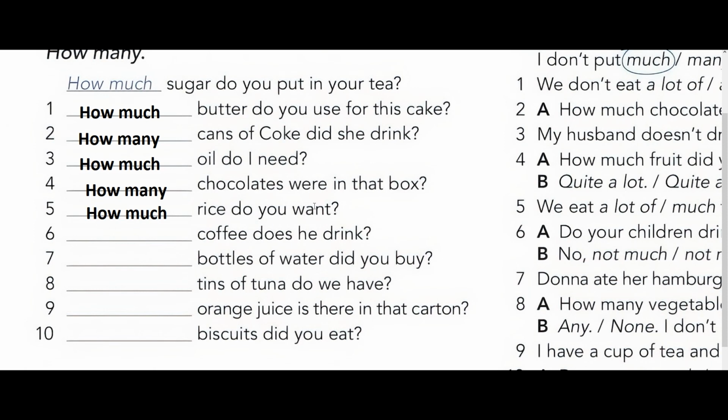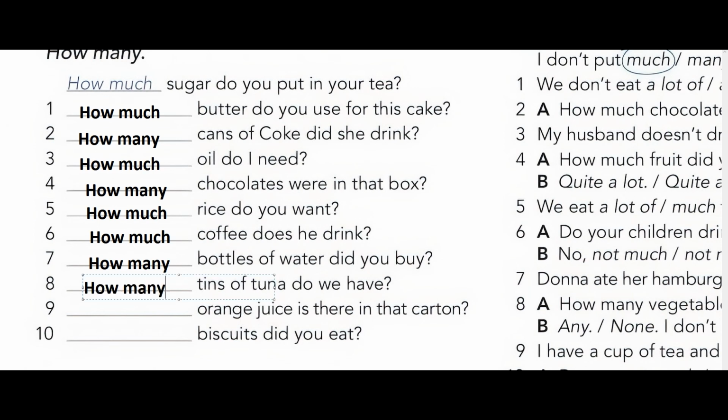Сколько риса тебе нужно? Coffee – это тоже неисчисляемый. Поэтому пишем how much coffee does he drink? Сколько кофе он пьет? Number 7. Bottles of water did you buy? То есть бутылок воды. Их можем посчитать, это бутылки. How many bottles of water did you buy? Так, 8. Tins of tuna, то есть консервных банок с тунцом. Их мы можем посчитать.